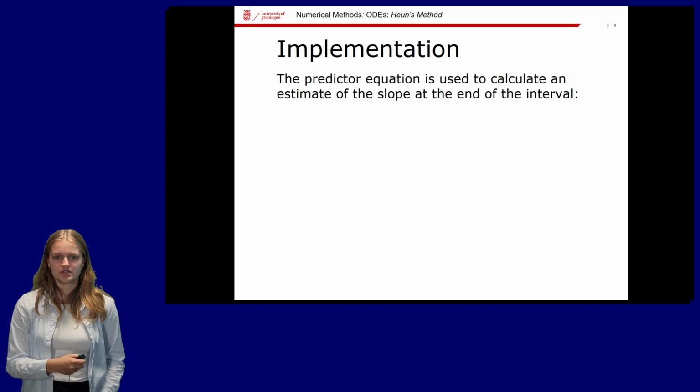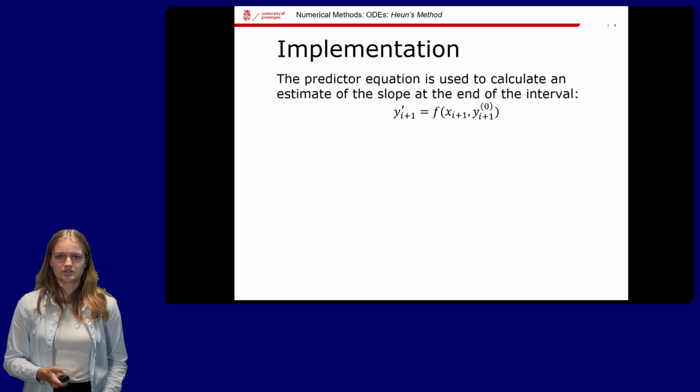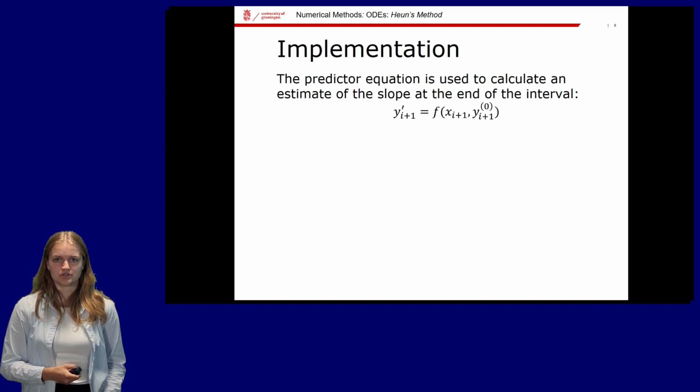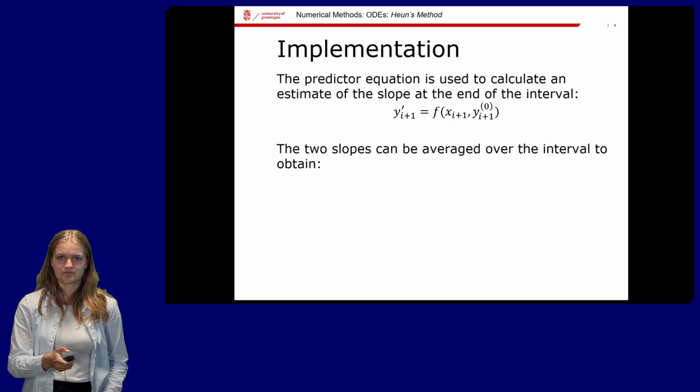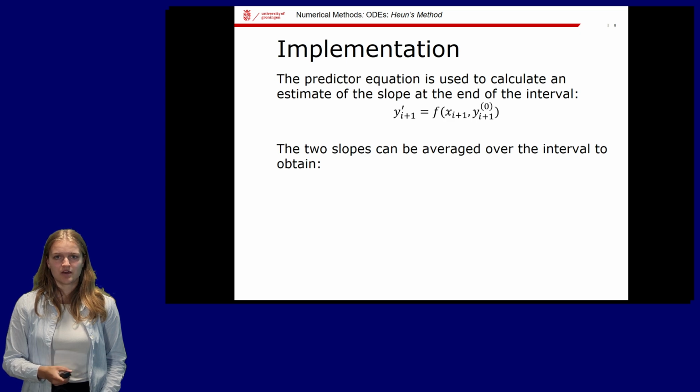And now we use that estimated value of y_{i+1} to calculate an estimate of the slope at this point, at the end of the interval. So that is given here. The derivative of y at i+1 is going to be the function evaluated at these points. And then we can average out those two slopes to obtain an average slope that is given in this expression.